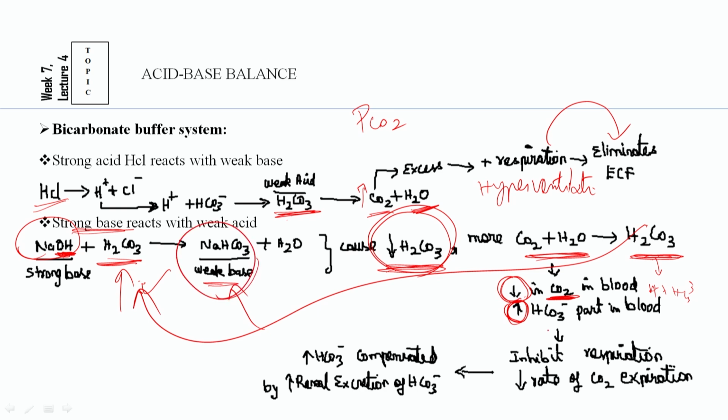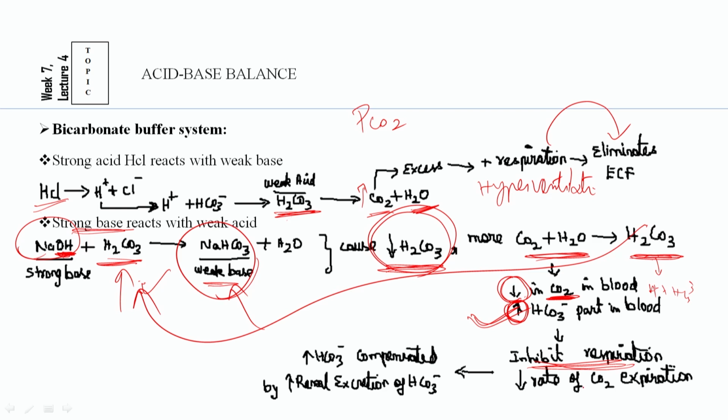Due to that, the bicarbonate ion concentration increases in the blood, decreasing the carbon dioxide in the blood. Understand this properly. As the partial pressure of carbon dioxide decreases in the blood, that inhibits respiration. If the partial pressure of carbon dioxide increases in the blood, it causes hyperventilation, whereas if it decreases, it causes hypoventilation.